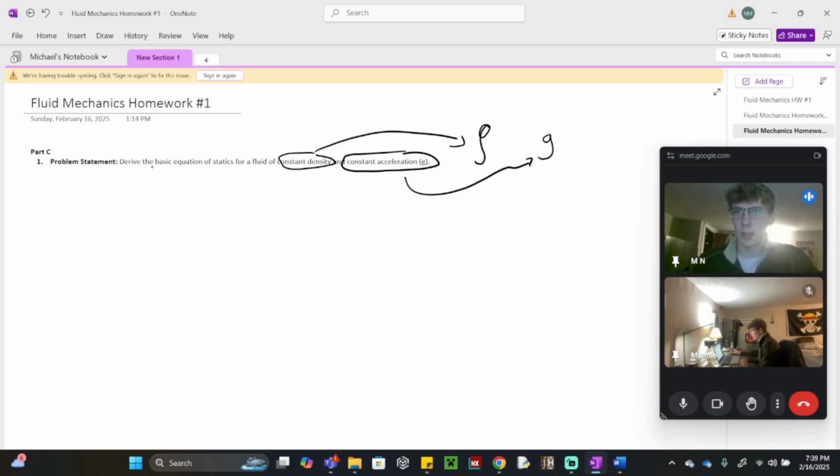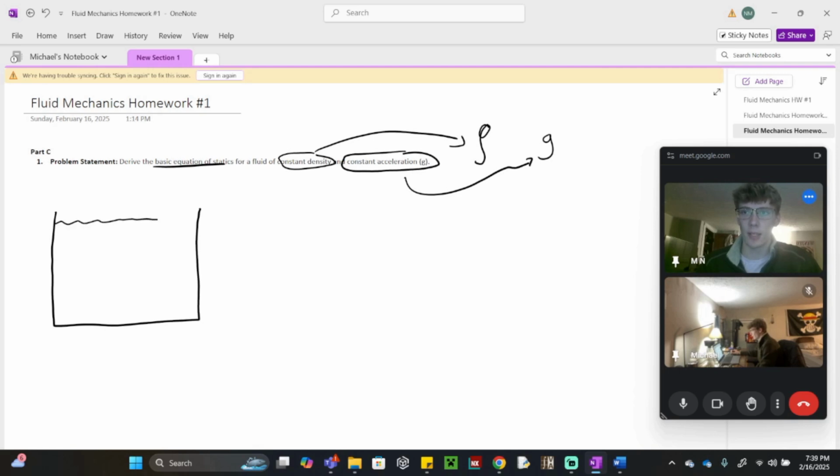So, what is the basic equation of statics for a fluid of constant density and constant acceleration? If we look at this diagram, this is a tank filled with a fluid of constant density, and we're trying to get the pressure at a point of, let's say, depth h.